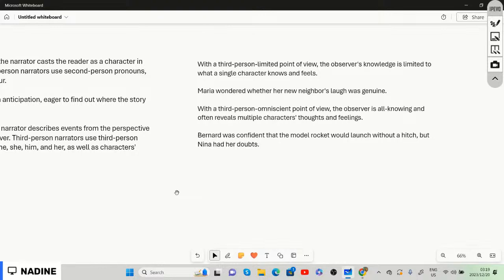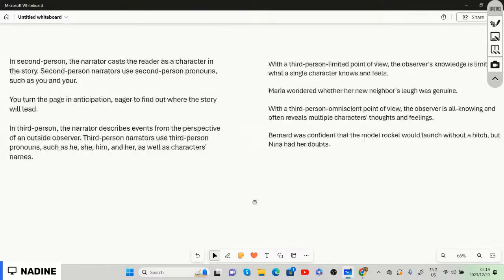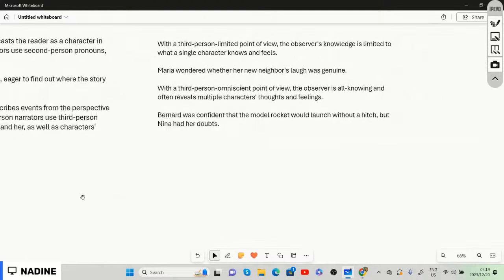So we said that in third person, the narrator describes events from the perspective of an outsider, and we use the third person pronouns such as he, she, him, and her. We also sometimes use the characters' names.